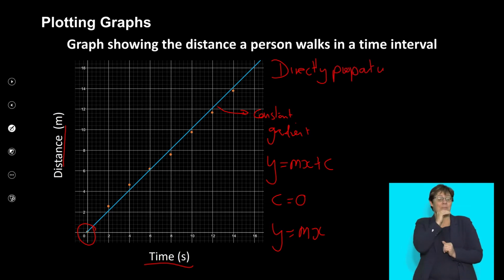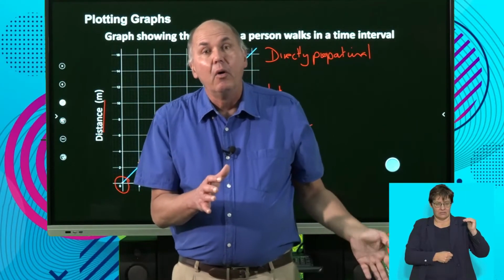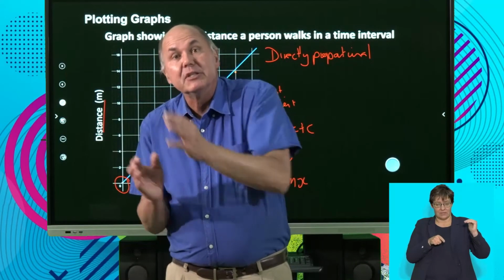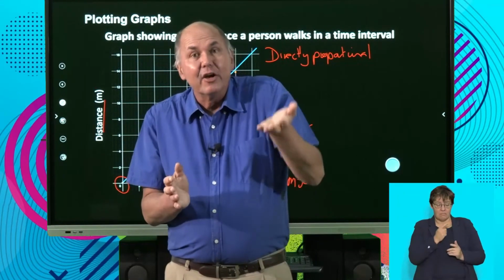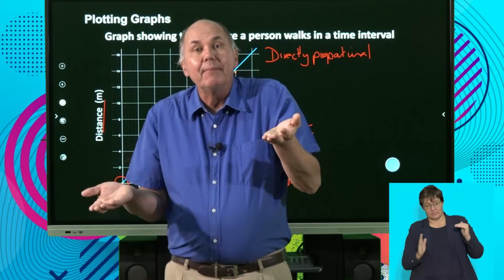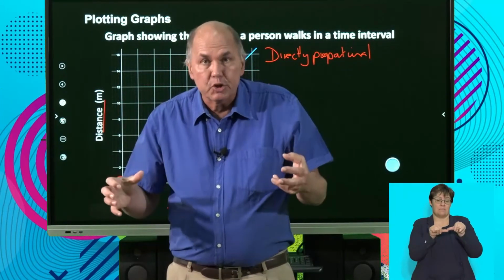What it means is that if you increase the independent variable by a certain factor, then the dependent variable is going to increase by the same factor. As the one goes up, the other goes up, but by the same proportion. So if you double the one, you double the other.